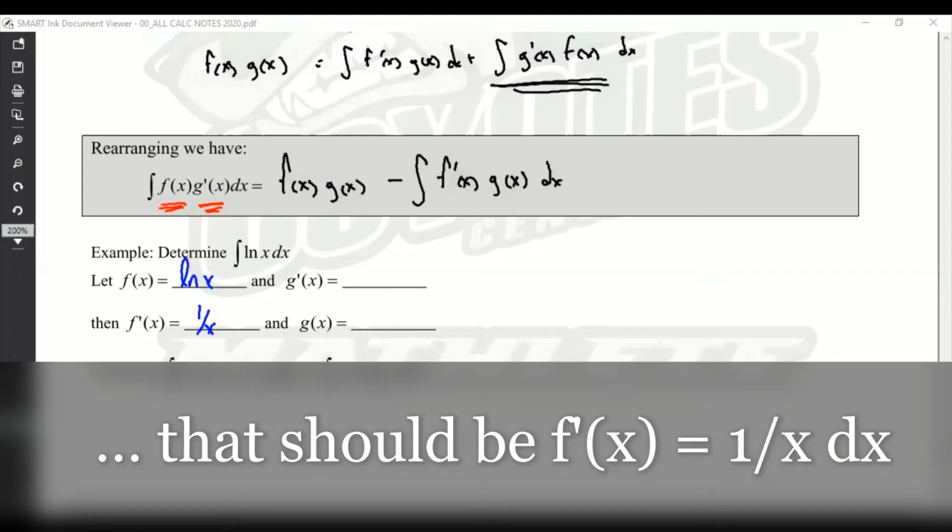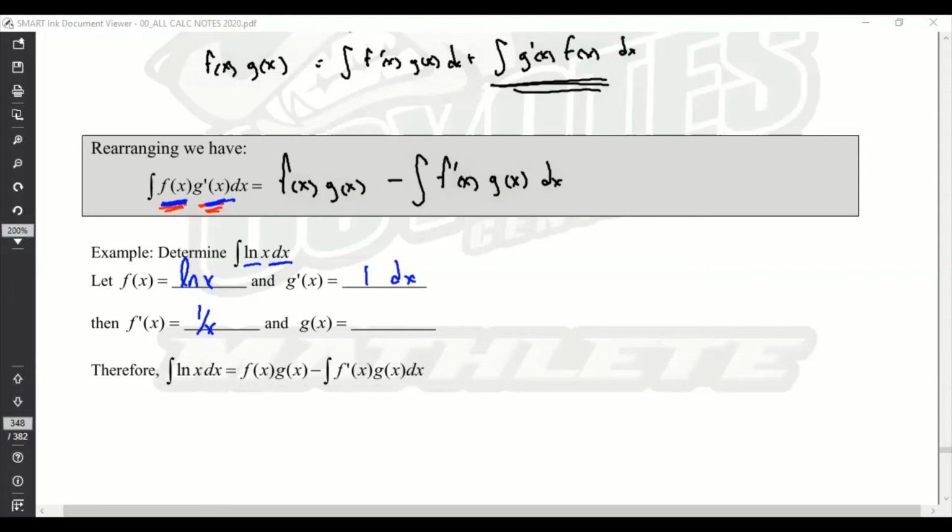Our g prime is just 1 dx. When I anti-differentiate 1 dx, we get x.